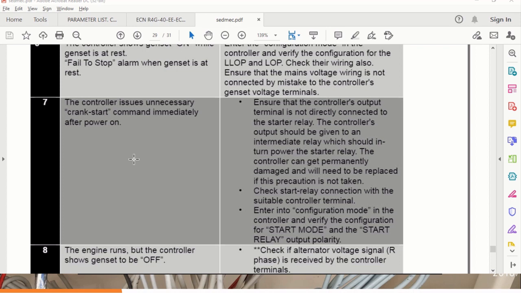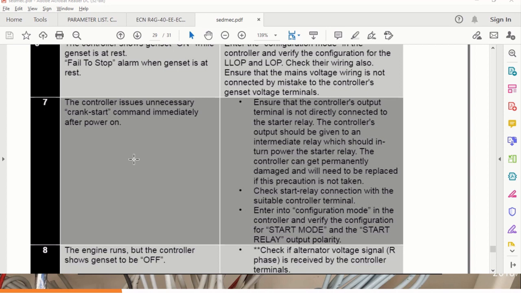That is when this fail to stop alarm comes. As we have seen in section 2, our stop solenoid valve cuts off the supply from the fuel feed pump, which is feeding the fuel into the FIP, and from there it is going into the chamber. So if we restrict the fuel supply through the stop solenoid valve, the engine will stop. So even if we are giving a command, it is not operating.